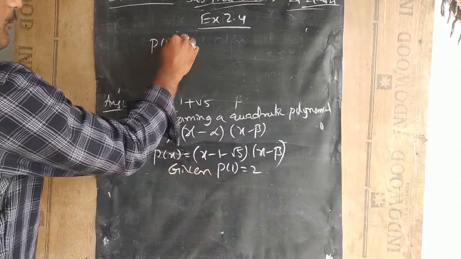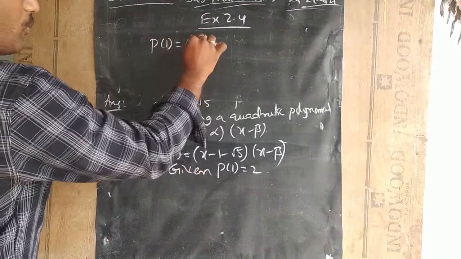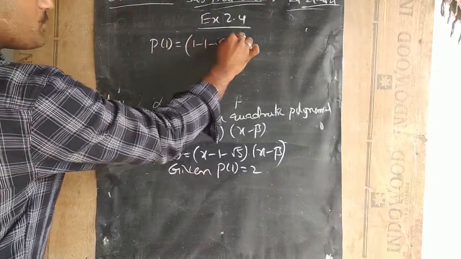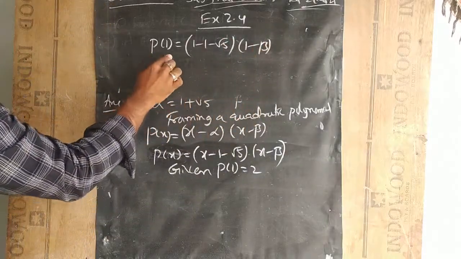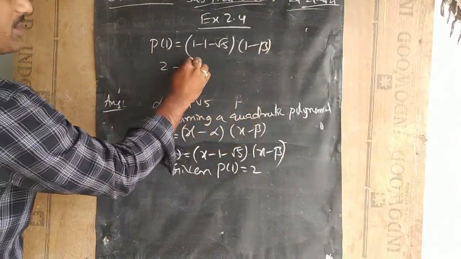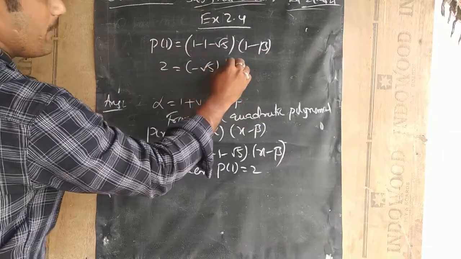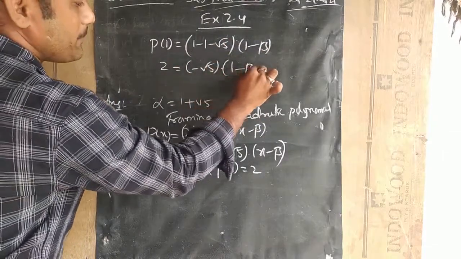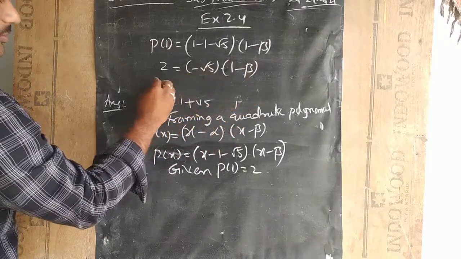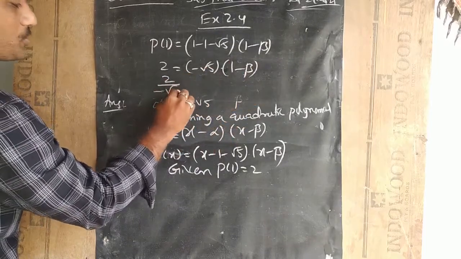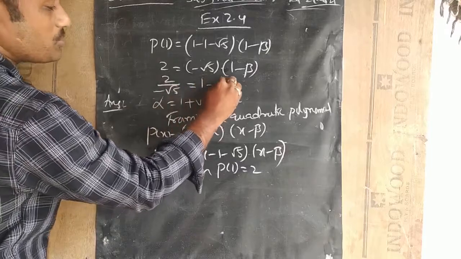So p of 1 is equal to 1 minus root 5 into 1 minus beta. p of 1 value is 2. 1 minus 1 gets cancelled, root 5 into 1 minus beta. So it is 2 by minus root 5 is equal to 1 minus beta.